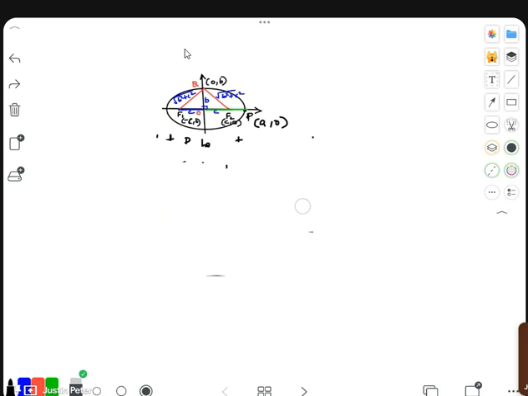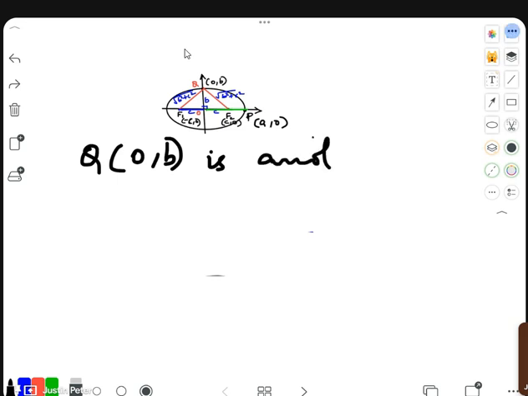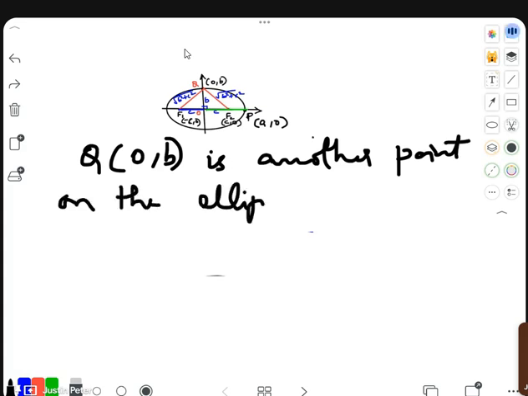According to the definition of the ellipse, Q 0 comma b is another point on the ellipse at one end of the minor axis.